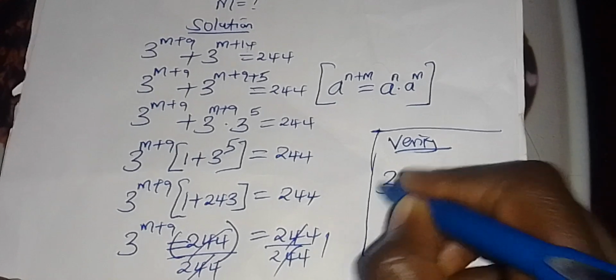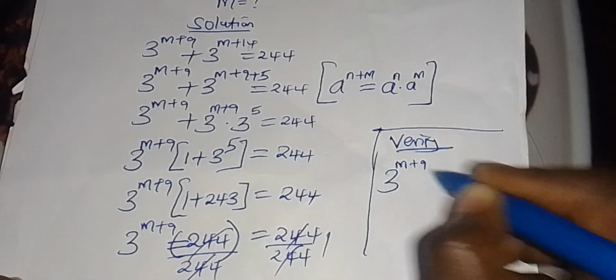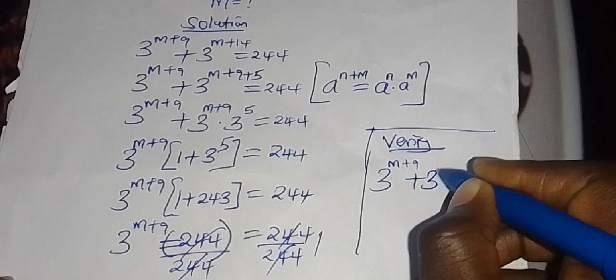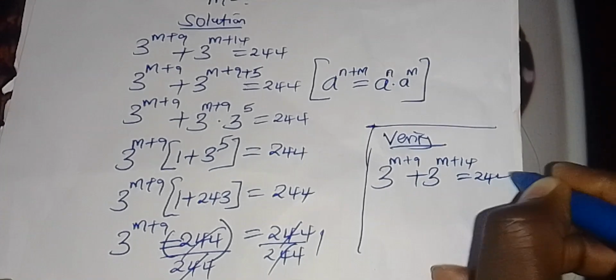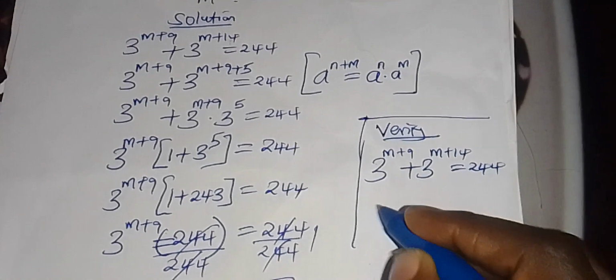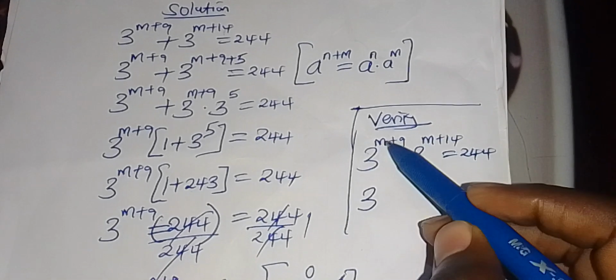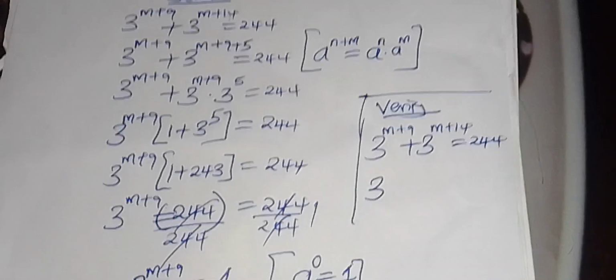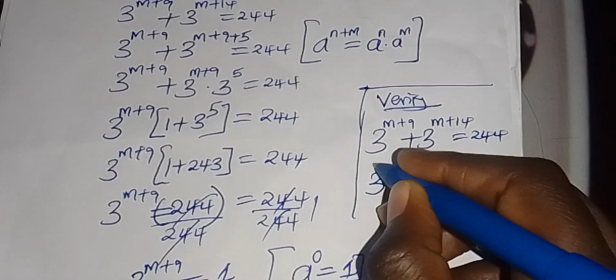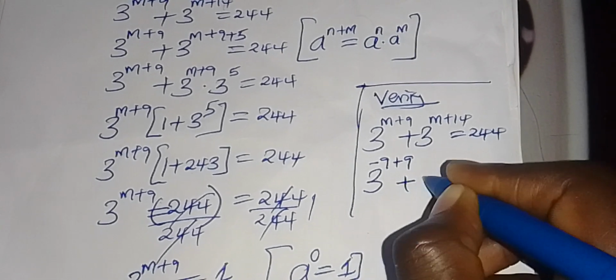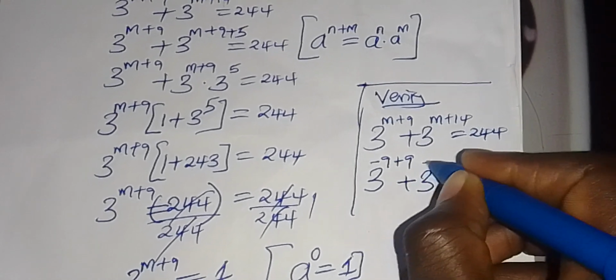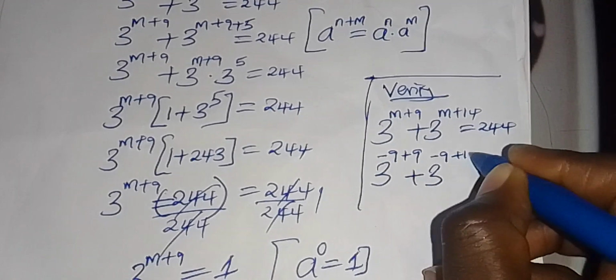We have 3 raised to power m plus 9 plus 3 raised to power m plus 14. This is 244. So we'll have 3 raised to power, our m is minus 9. Okay, so we substitute minus 9 plus 9 plus 3 raised to power negative 9 plus 14.